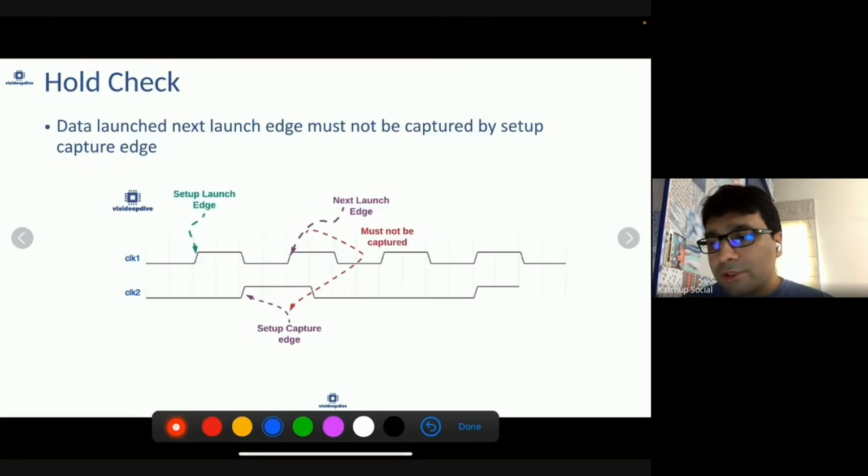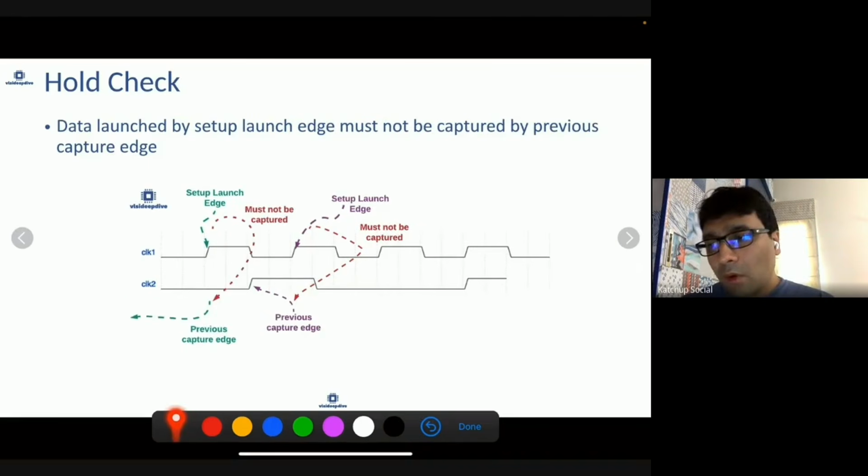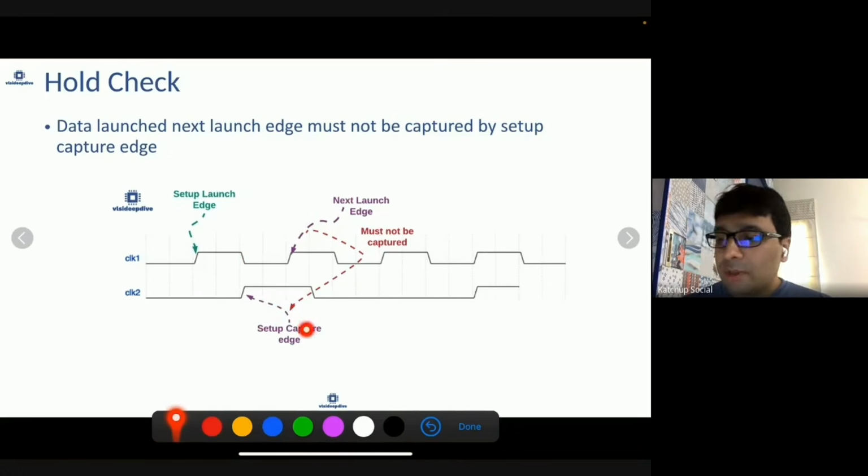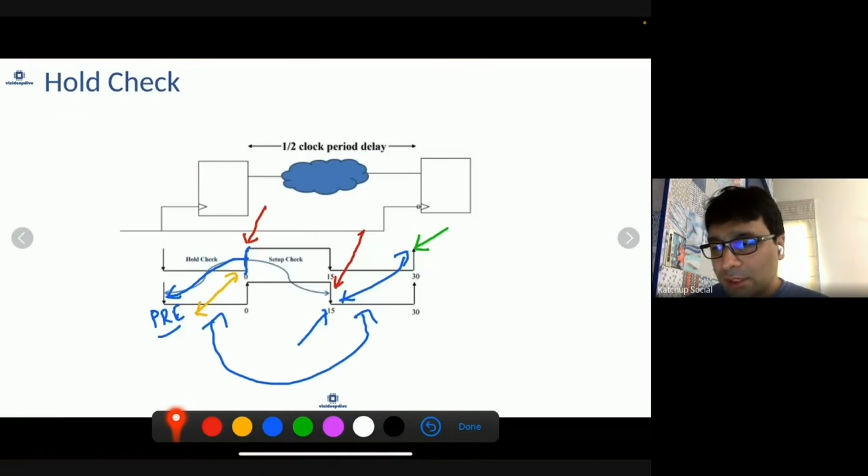Rules for calculating hold checks are: data launched by the setup launch edge must not be captured by the previous capture edge, and data launched by the next clock edge must not be captured by the current setup capture edge. These are the two rules used to identify the hold check. And in this particular case, the hold check for a half cycle path comes out to be this.